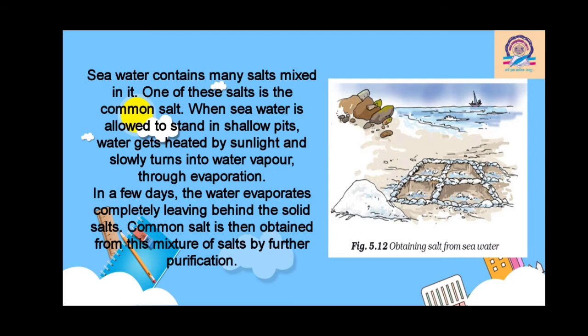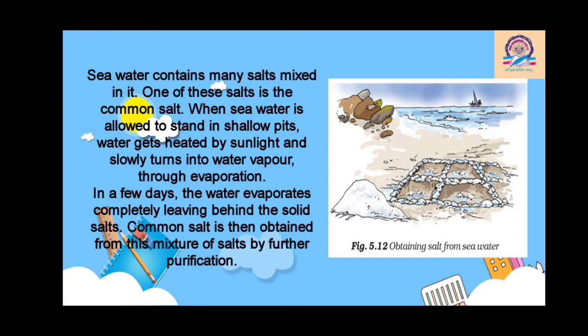After a few days, the water evaporates completely and our common salt, or solid salt, remains in those shallow pits, so that we can collect it. In this way, the mixture is separated with the help of the evaporation process.